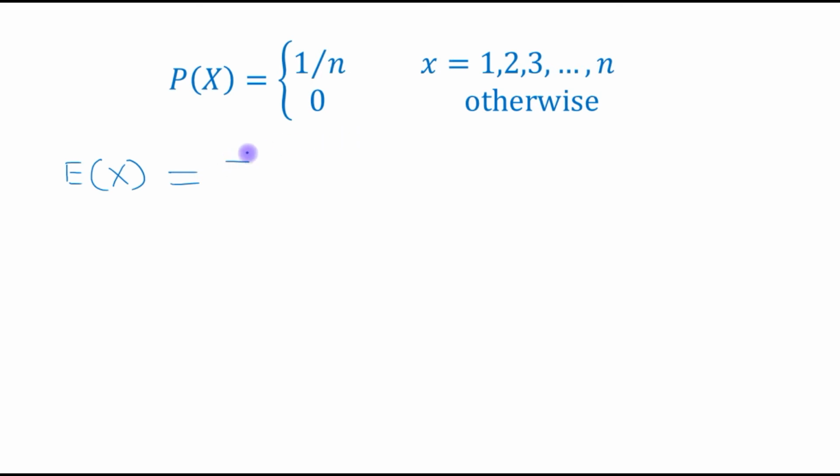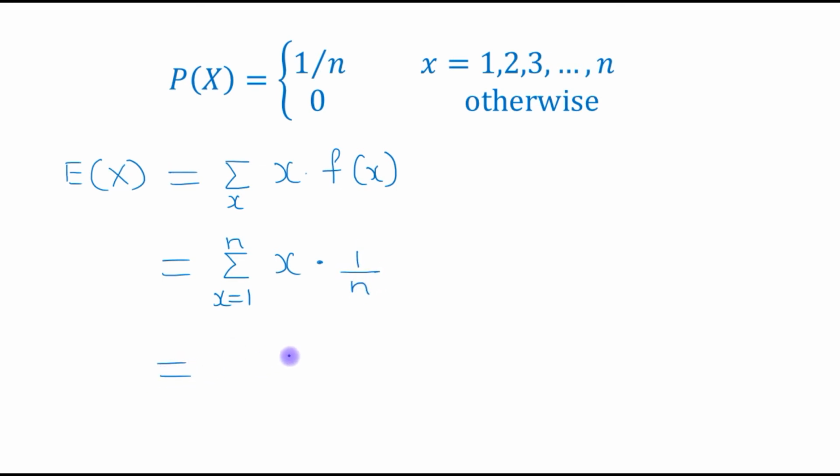Because this is a discrete distribution, expected value of x will be this one. In the next step, sigma x equals 1 till n, x times f(x), which is 1 by n, so times 1 by n.